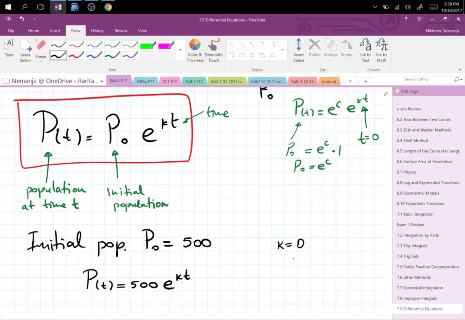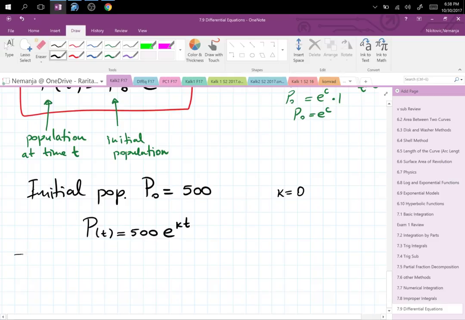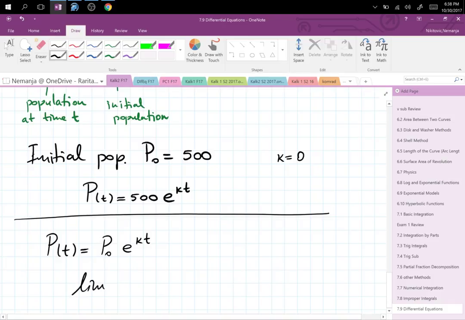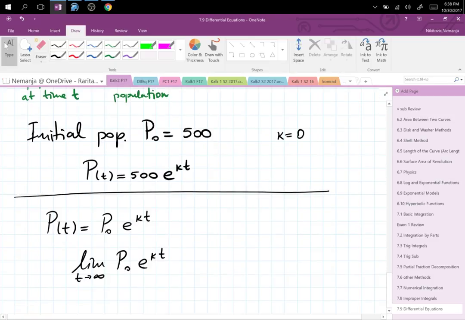But then again, this is not the best model that we can think of. Having the model that population in time is equal to initial population times e to the kt, if you take the limit of P initial e to the kt, where t goes to infinity, and where k is obviously positive, so the population increases, you get infinity back.